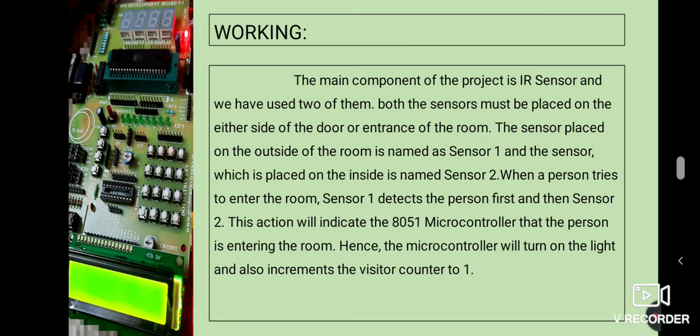The count gets incremented and the value is displayed on the LCD automatically. The room light gets turned on. When the person tries to exit, sensor 2 gets the signal first and then sensor 1, so the counter automatically decrements its value. When the counter value decrements to 0, the light gets turned off automatically.